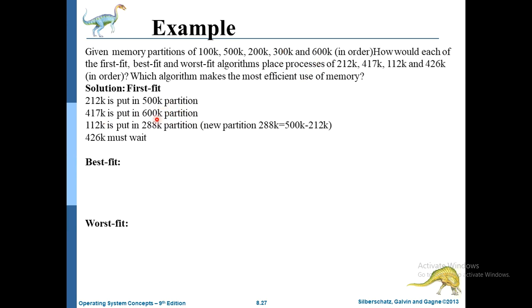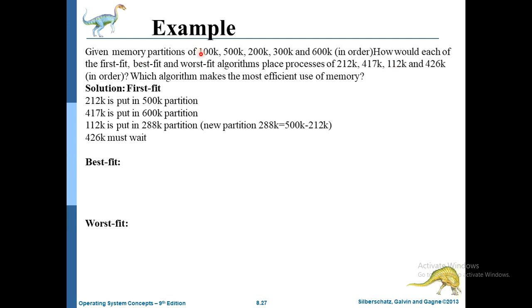Now the remaining is 183K. Now the available holes are 100K, 288K, 200K, 300K and the remaining 183K, right?